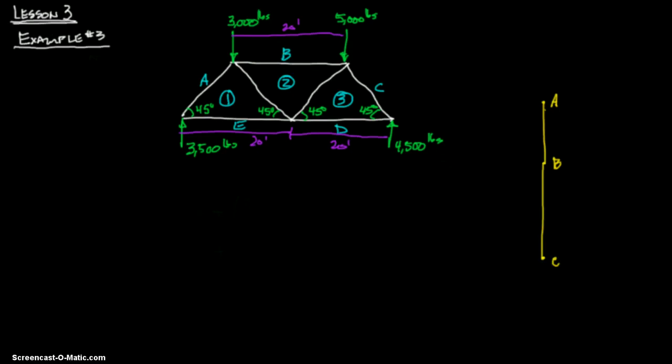Then I'm going to switch colors, because this is where it gets a little confusing. Now you go from C to D, you go up 4,500. We just went down 5,000, so it's going to be about right here. I'm putting it slightly off, but it's supposed to be right on.